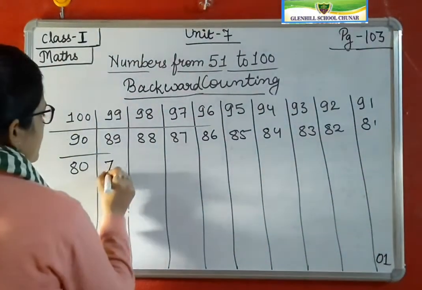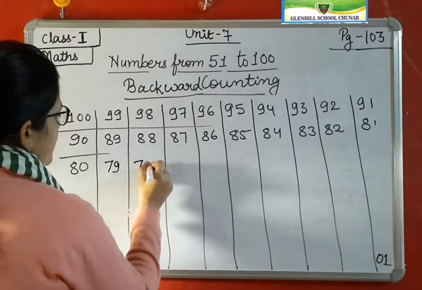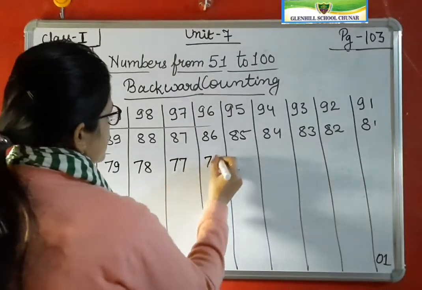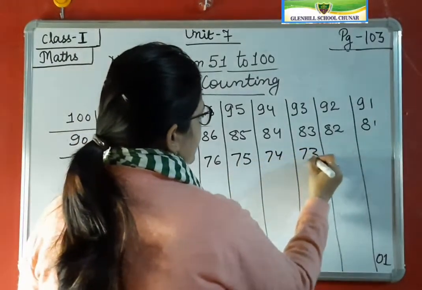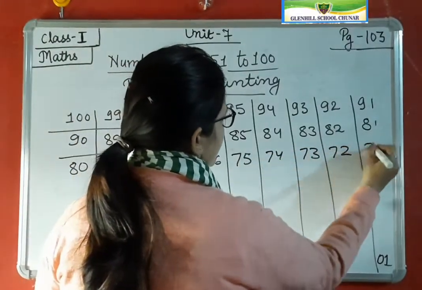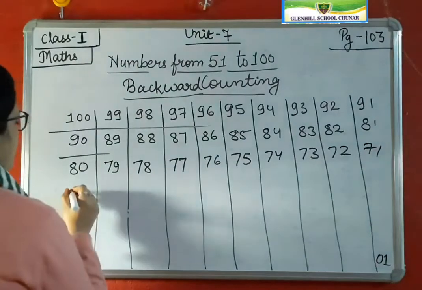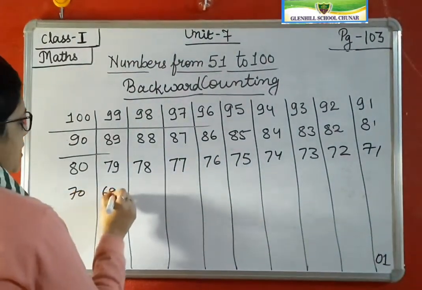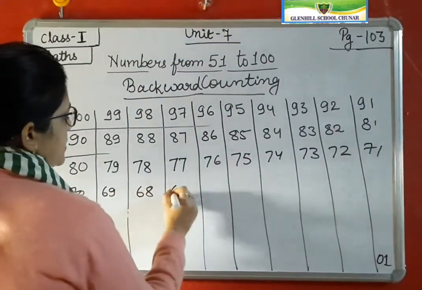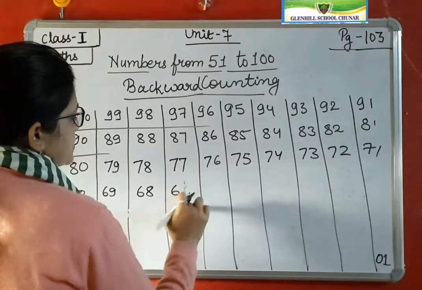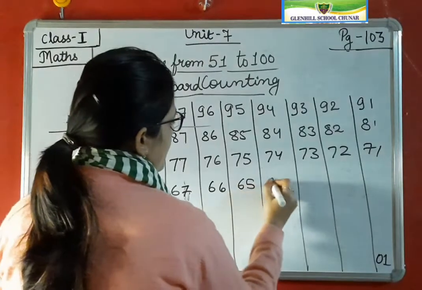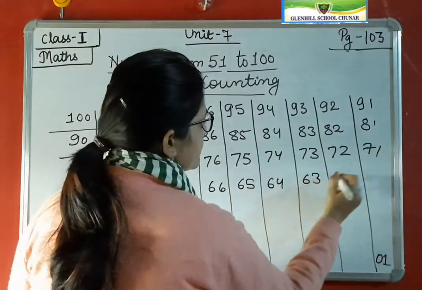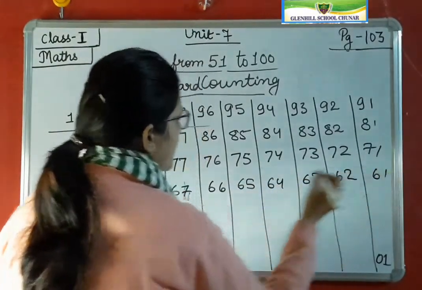80, 79, 78, 77, 76, 75, 74, 73, 72, 71. 70, 69, 68, 67, 66, 65, 64, 63, 62, 61.